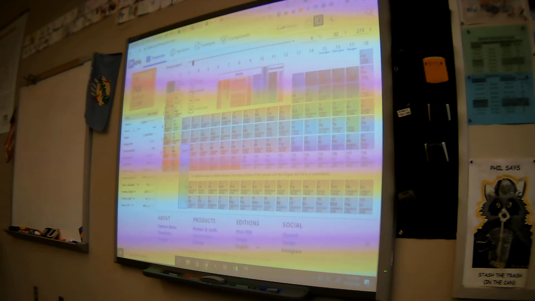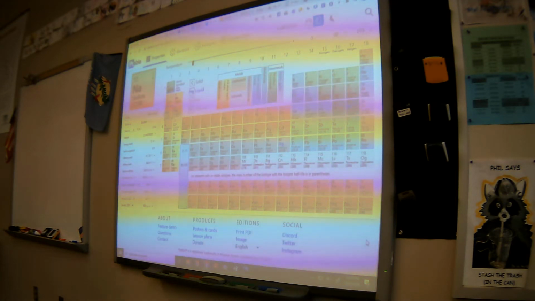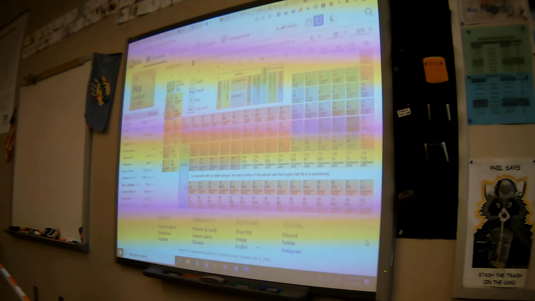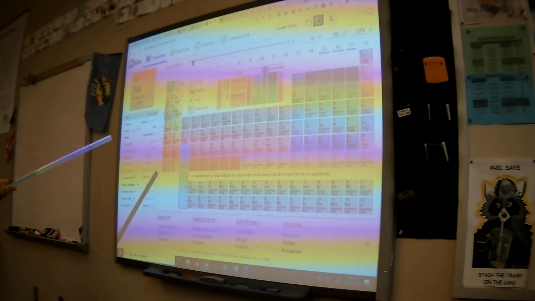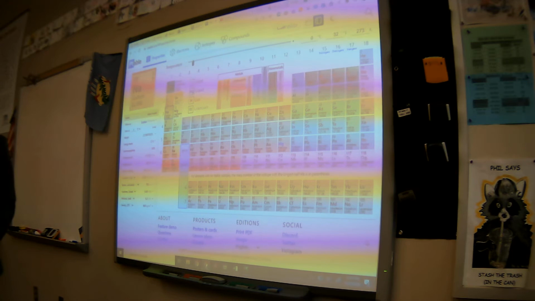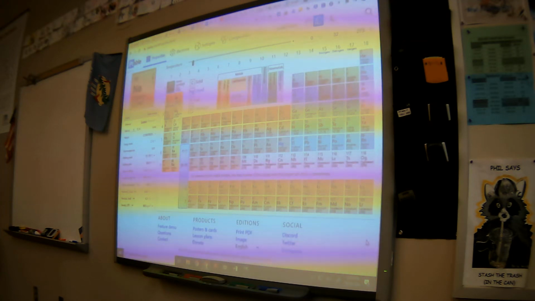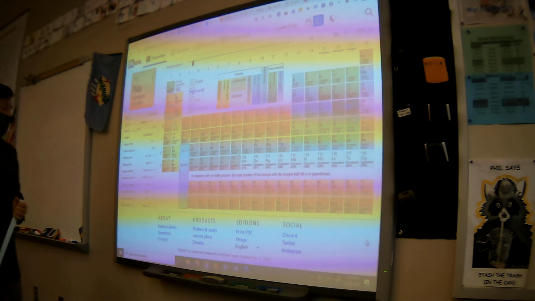We talked about radius. What's the trend on the radius? How big the atoms are. Where are the small ones? Small ones are in that place we were just talking about, that way. Where are the big ones? At the bottom, and over here. So, why? Let's talk about up and down first.